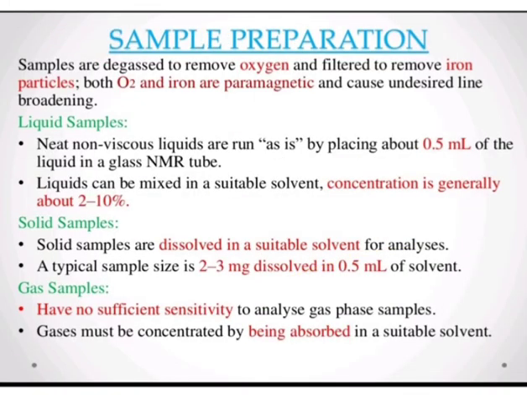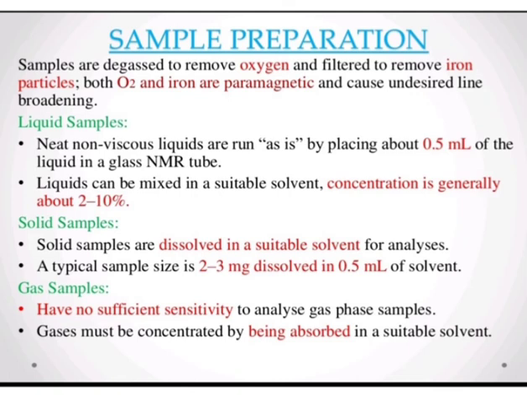So sample preparation is written here. Samples are degassed to remove oxygen, and filtered to remove iron particles. Both O2 and iron are paramagnetic and cause undesired line broadening. So for sample preparation we have to remove oxygen and the iron particles.